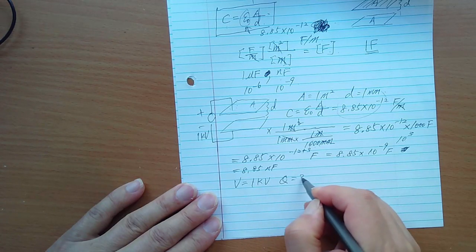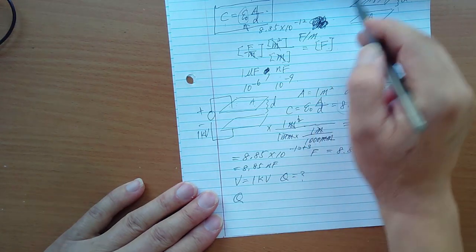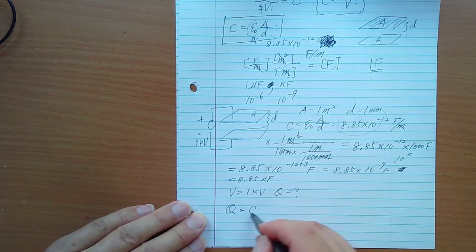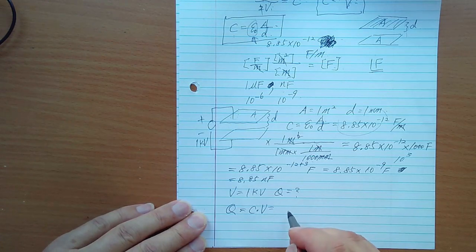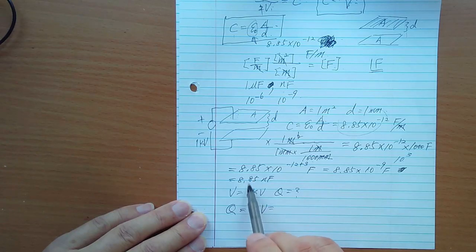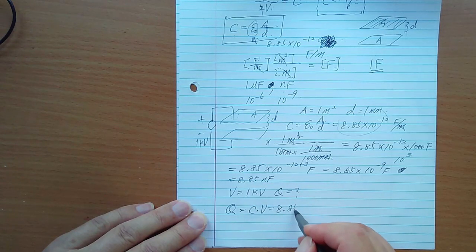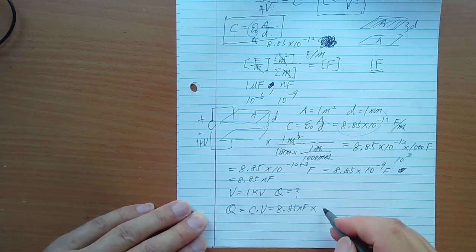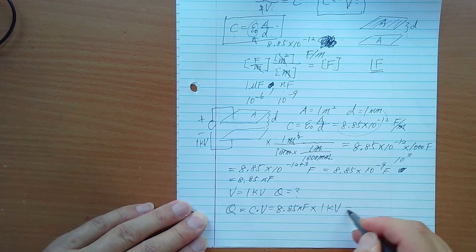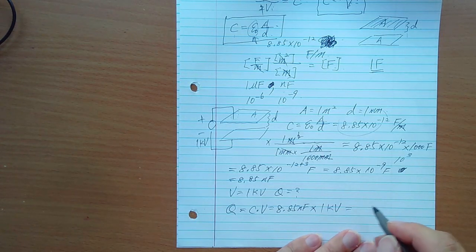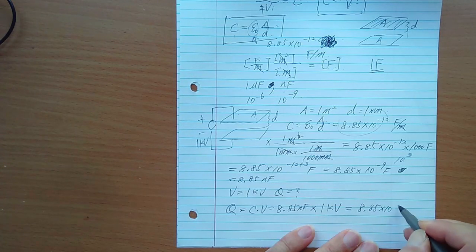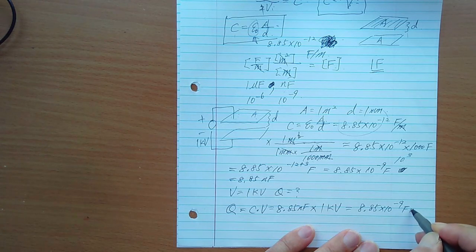We ask for Q. Based on this equation, Q equals C times V. What is our C? This is 8.85 nanofarad, times V, which is 1 kilovolt. So we have 8.85 times 10 to the negative 9 farad times 10 to the 3 volt.